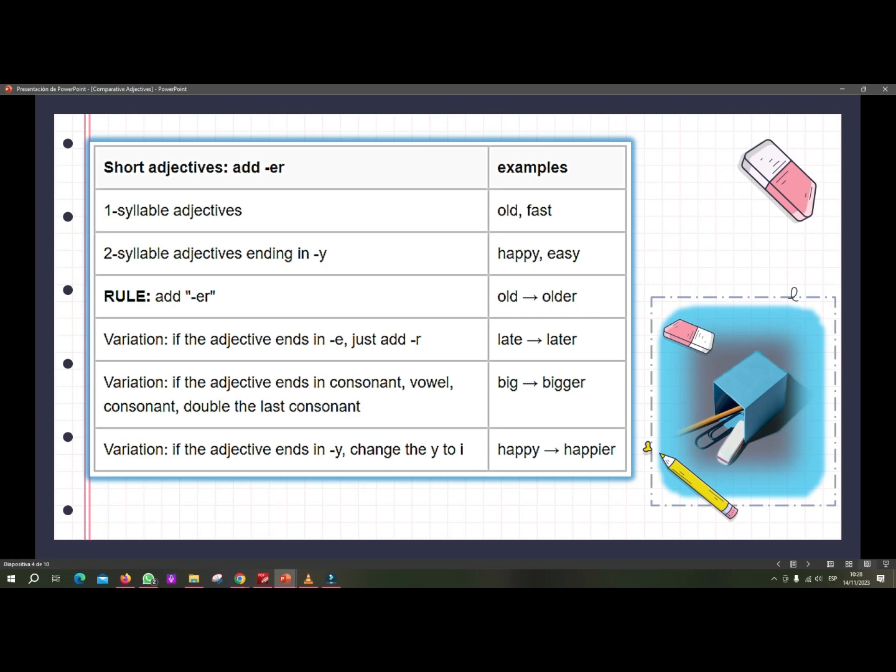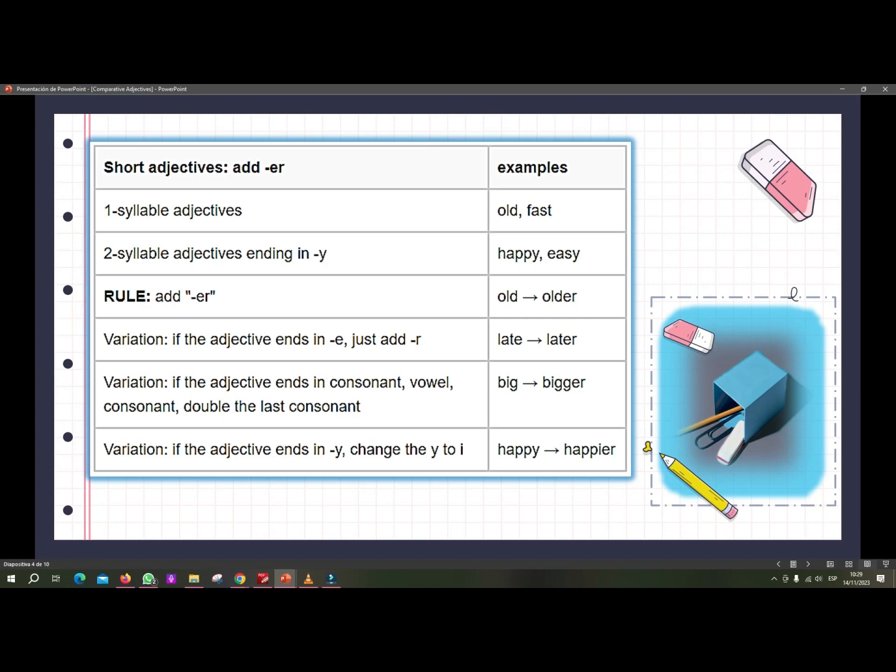Two syllable adjectives ending in Y. For example, si tenemos un adjetivo que tenga dos sílabas, pero que termine con Y, ¿verdad? Como es el caso de happy, termina con Y. ¿Cómo vamos a hacer el cambio en este caso?